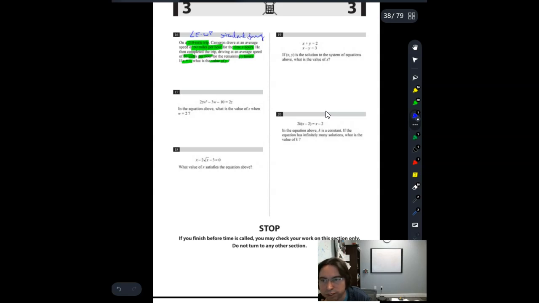This is a linear equation word problem, but it's in standard form. It's really saying this is Ax plus By equals C. That there is the C, that there is the A, that there is the B, that there is the x, and the y is the unknown.